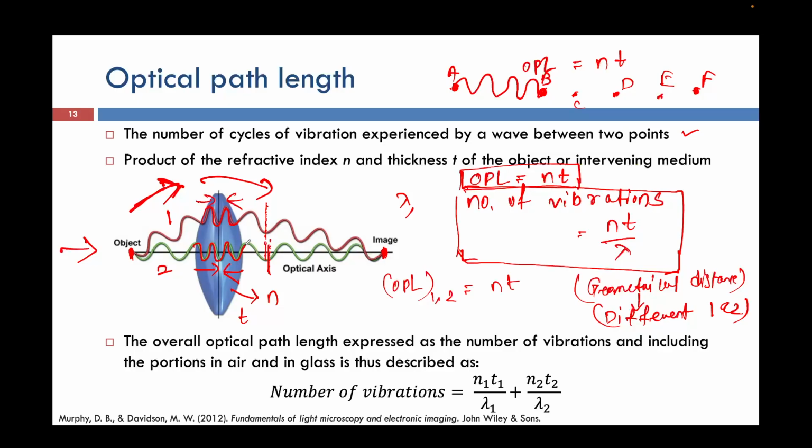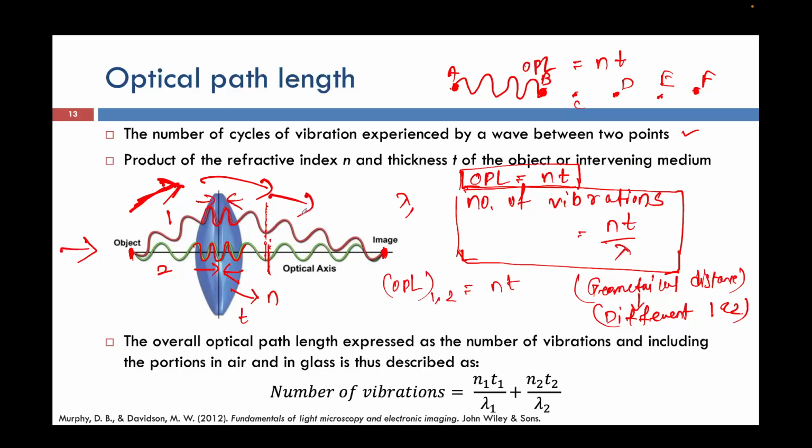So even if wave 1 travels more geometrical distance, the velocity of wave 1 will be higher as compared to the velocity of wave 2. Why? Because inside the glass lens, since the thickness is less, it moves faster and goes outside easily.